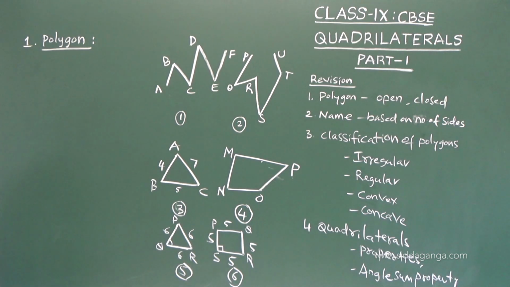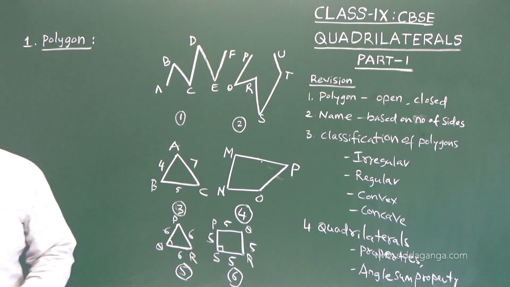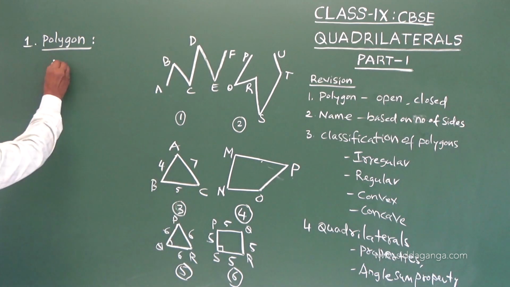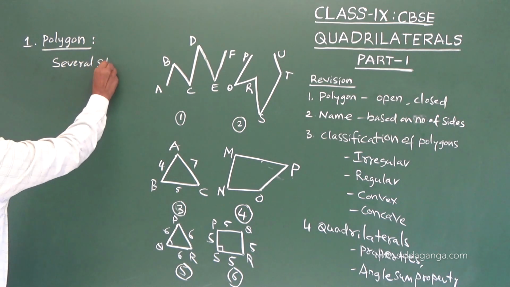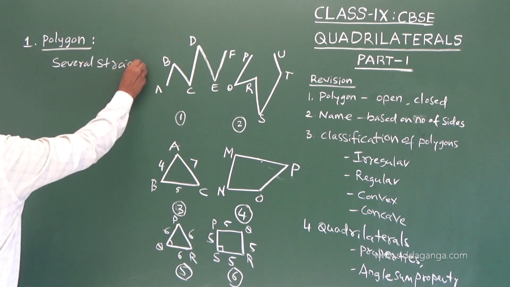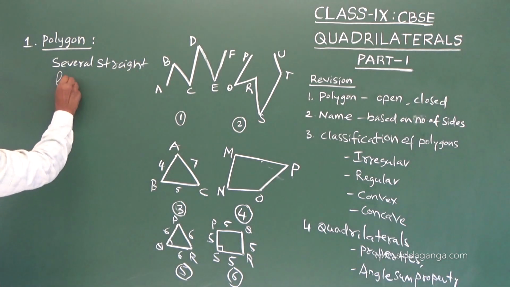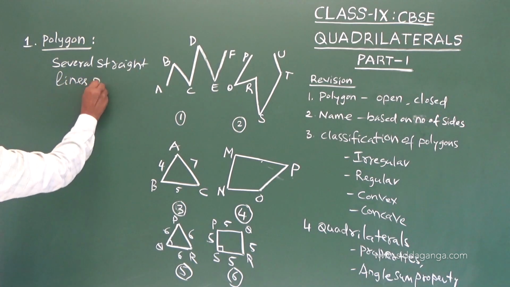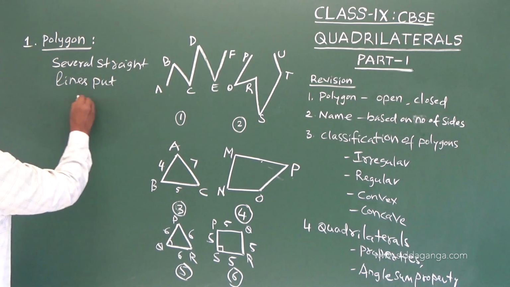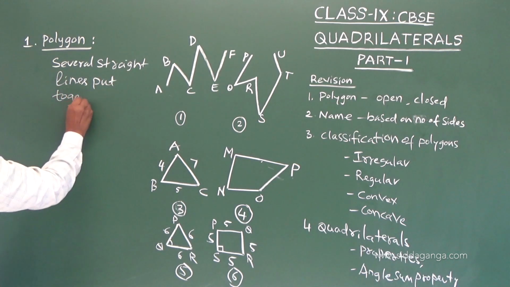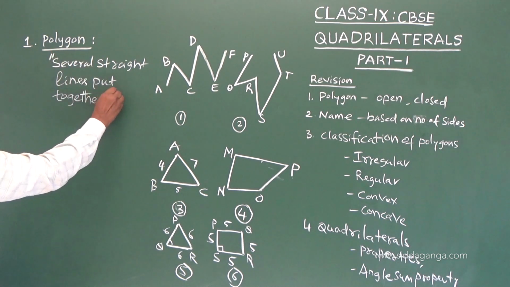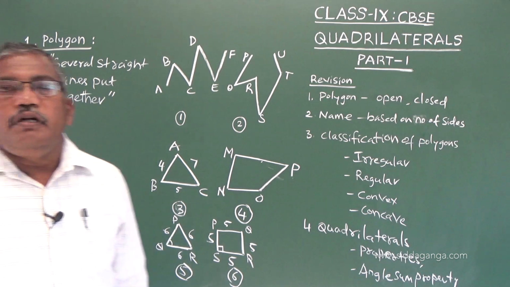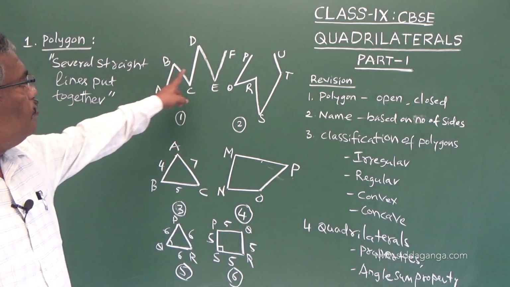A simple definition: several straight lines put together. So this is the definition of a polygon, a simple definition. Several straight lines put together.